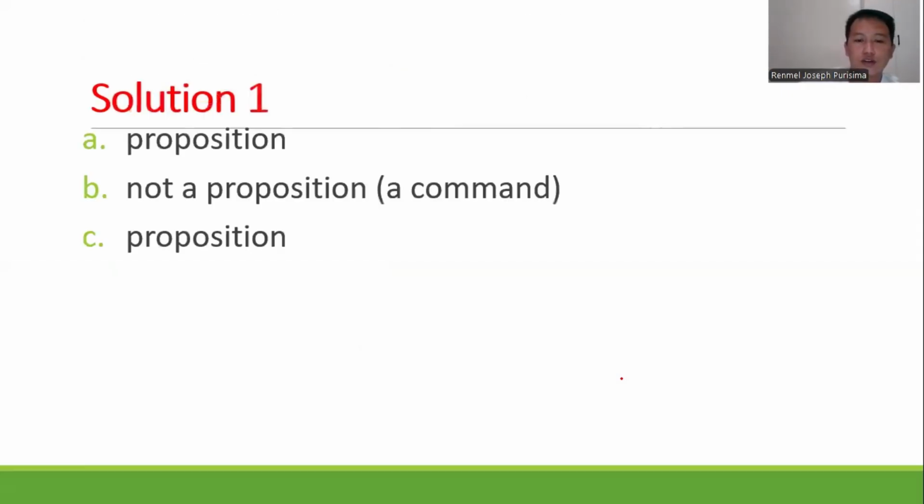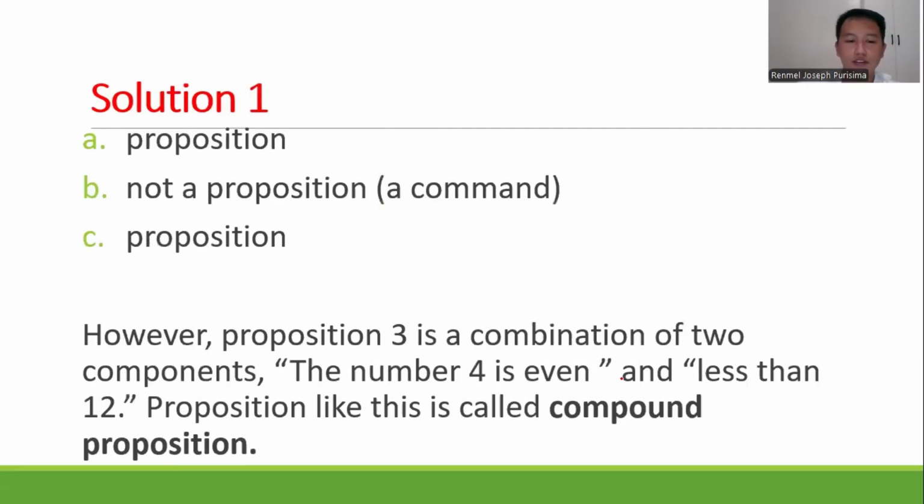So here are the reasons. For letter C, it is a proposition because it is a combination of two simple propositions: the number 4 is even, and the number 4 is less than 12. A proposition like this is called a compound proposition.